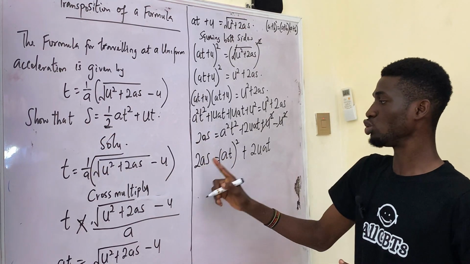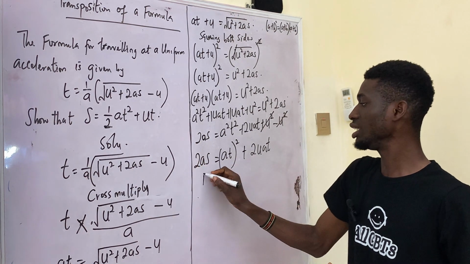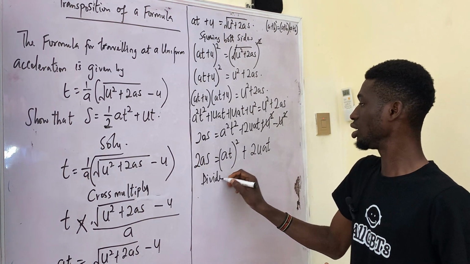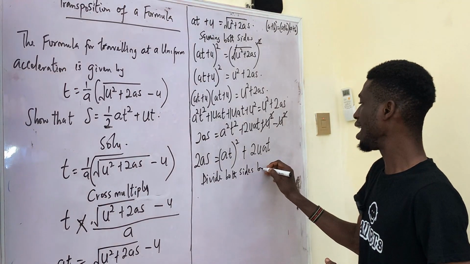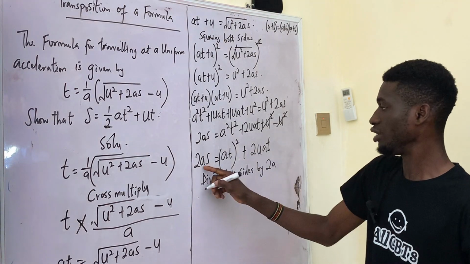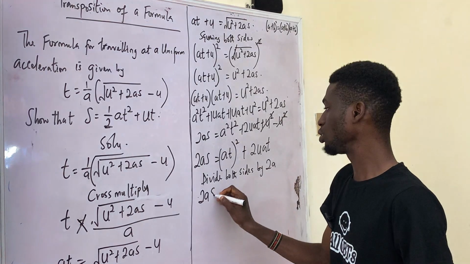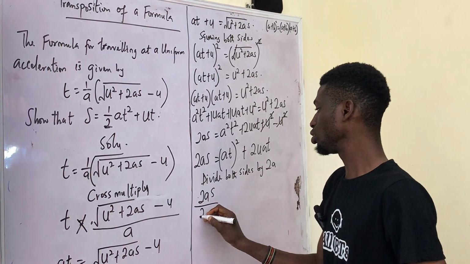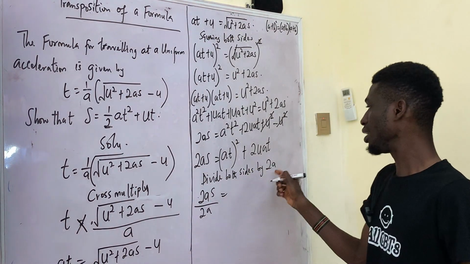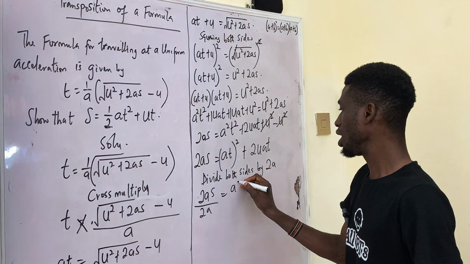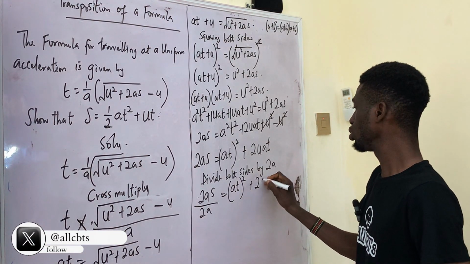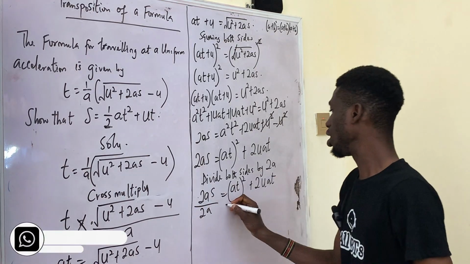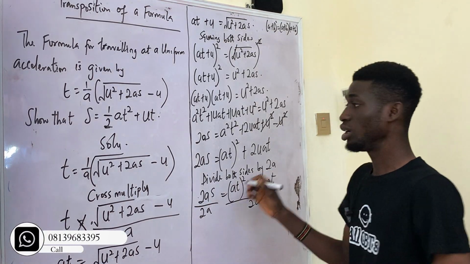We have 2a. So we have to divide both sides by 2a. Dividing this by 2a, you have 2ax over 2a. Then this other side by 2a, you have at all squared plus 2uat all over 2a.